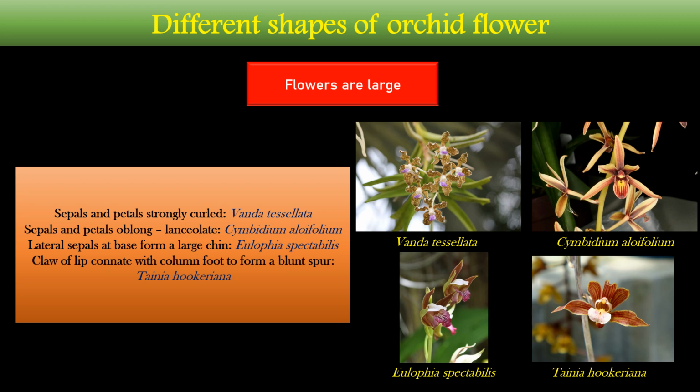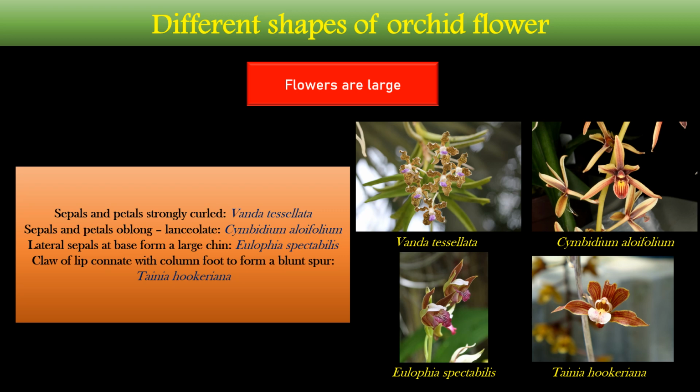Then comes the sepals and petals oblong lanceolate. As you can see in this picture, Cymbidium aloifolium is the best example of this. Then comes the lateral sepals at base forming a large chin, Eulophia spectabilis. Eulophia spectabilis has lateral sepals at the base, forming a large chin.